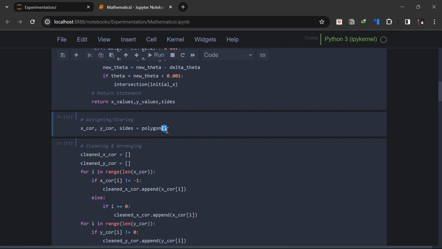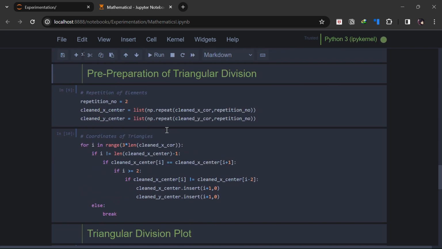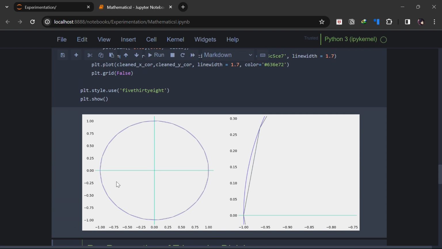So let me increase the sides to, let's say, 23. And what I want you to take notice of is that as I increase the number of sides from 8 to 23, in this portion of the graph, it's very hard to differentiate between the lines and the circle, between the sides and the circle, right?